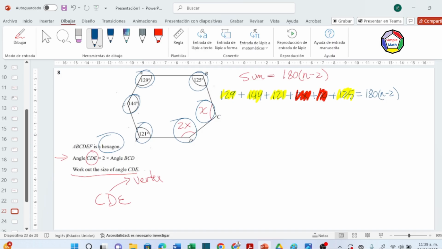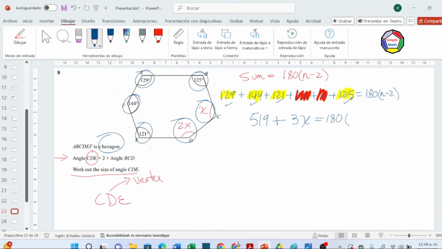129 plus 144 plus 121 plus 125 is equal to 519. 519 plus 2x plus x, which is 3x, is equal to 180 times 4.